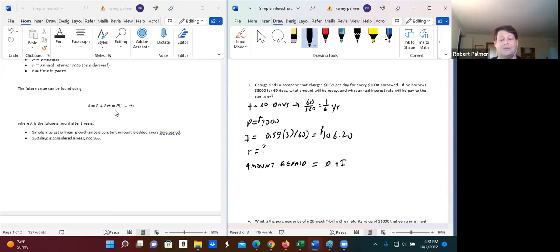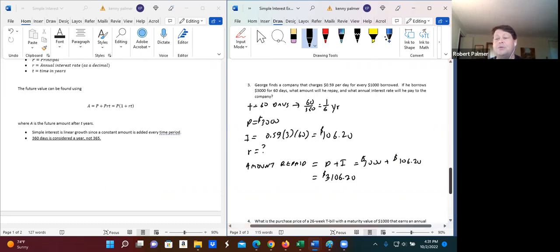Interest is P times R times T, but we already calculated that another way. The principal is the $3,000 plus the interest, which is the $106.20. And of course, that's going to be then $3,106.20. That's the amount he has to repay.